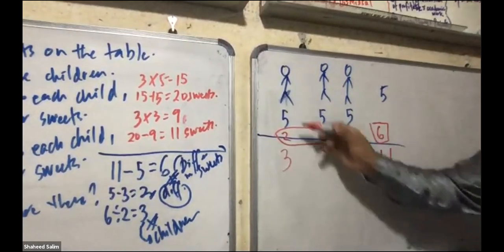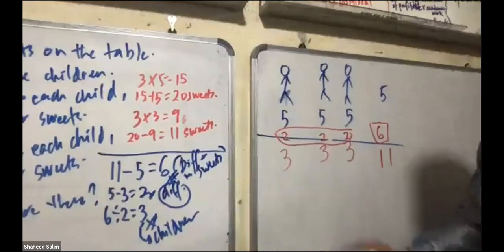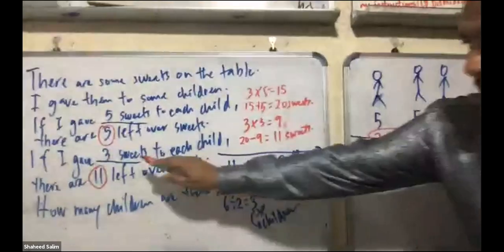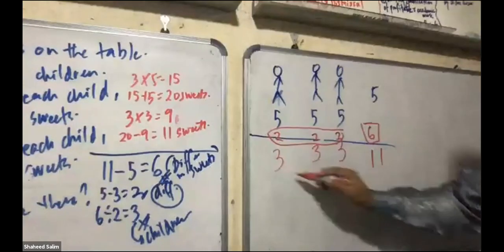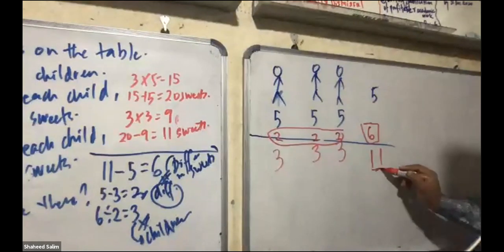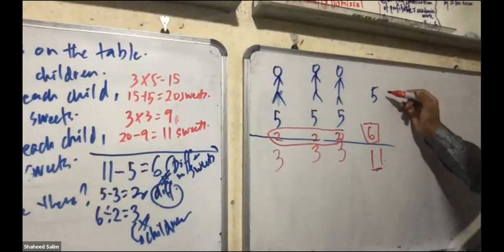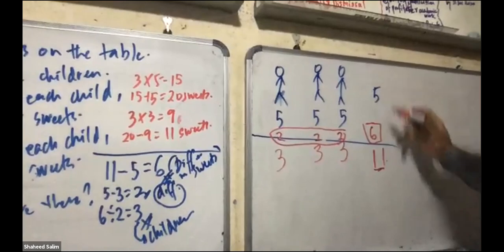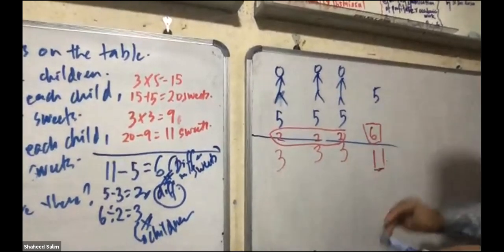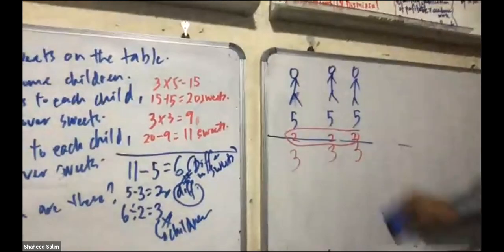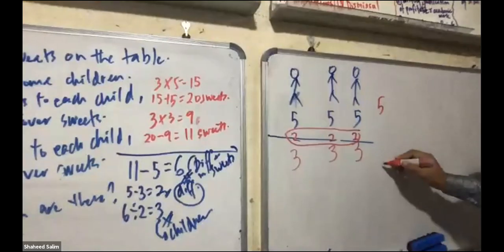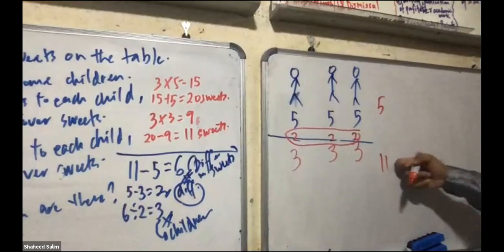If each child gets 3 sweets, 3 sweets, 3 sweets, you get 9 total, right? So you get 11 left over. So 11 minus the 5, this is the balance now. Up here the balance is 5, down here the balance is 11. Why does this one have more?